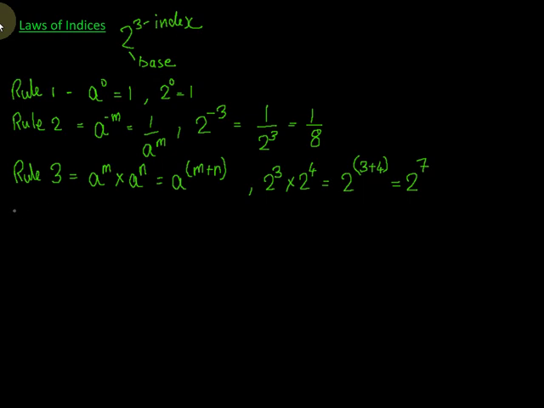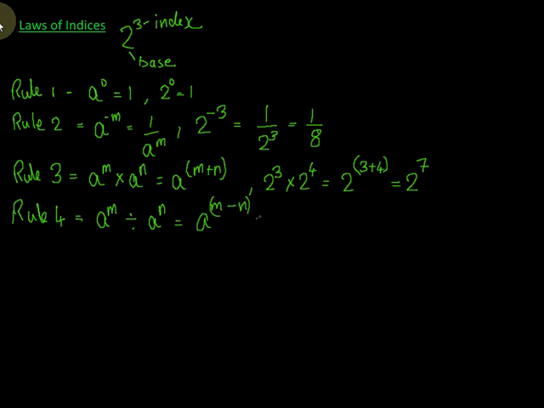Now let's go to rule number 4. That is 8 to the power of m divided by 8 to the power of n is equal to 8 to the power of m minus n.